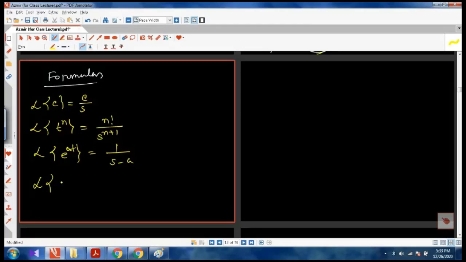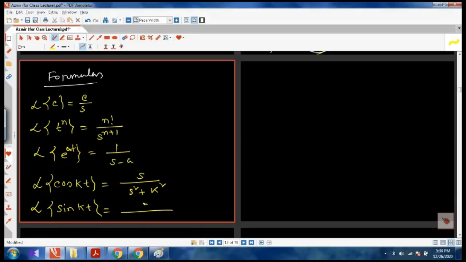Similarly, Laplace transformation of cosine kt is equal to s over s squared plus k squared. Laplace transformation of sine kt is equal to k over s squared plus k squared.